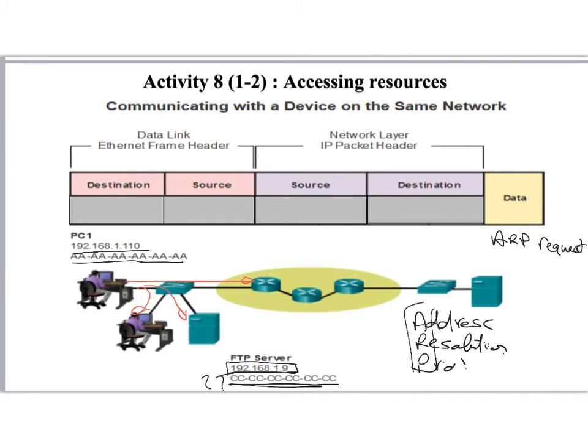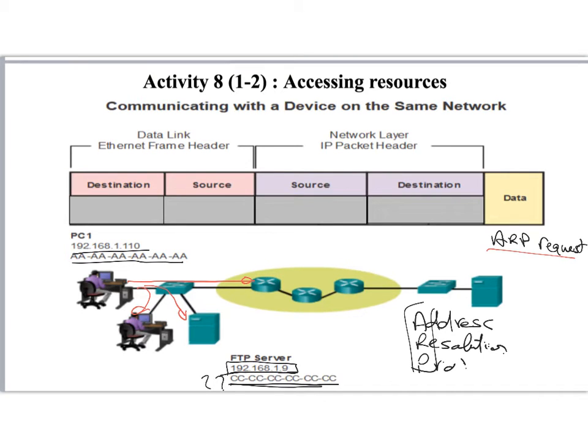And whoever has this IP address, please send me your physical address. So this ARP request is, do I know who that person is physically? That's what I'm looking for.